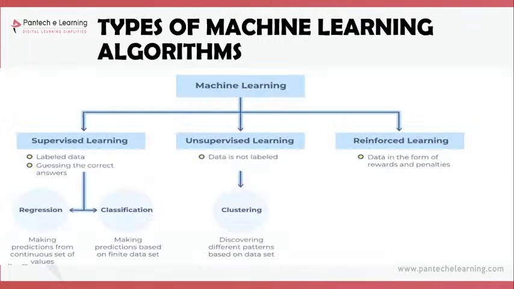So, moving on to the types of machine learning algorithms. Machine learning is classified into basically three: supervised learning, unsupervised learning, and reinforcement learning. So what is supervised learning? In supervised learning, we have details about the input; we know what the input is, and we have the label of the input.